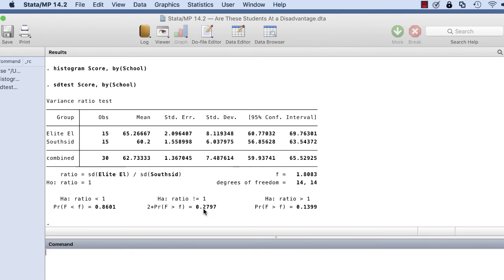And we can see that in fact they are not significantly different, because the alpha level here, 0.2797, is greater than 0.05. So our variances are not significantly different.